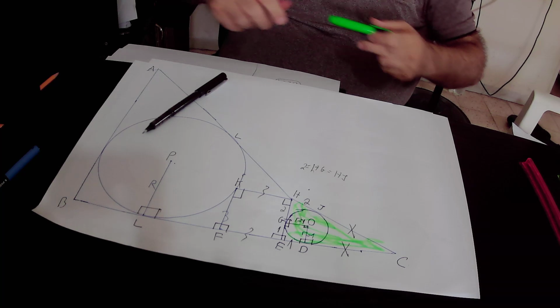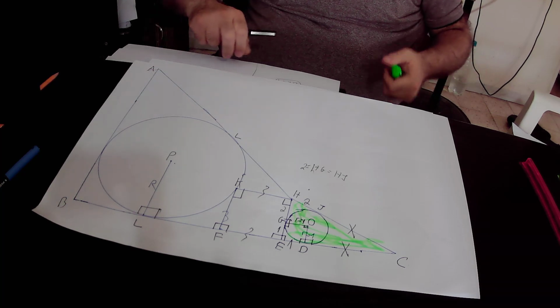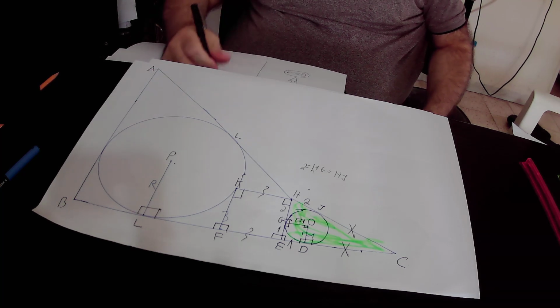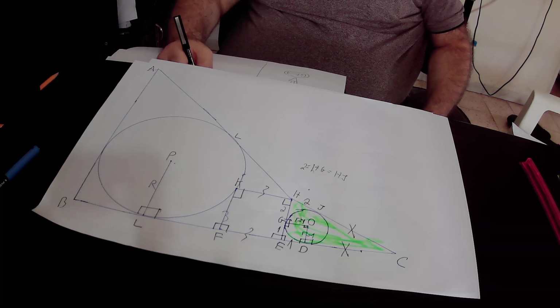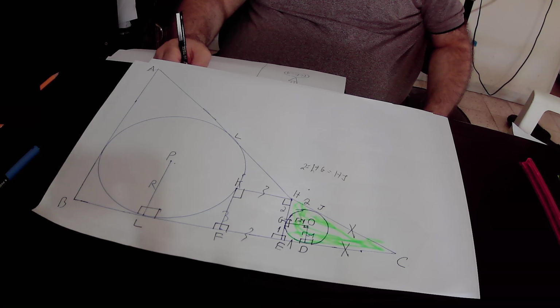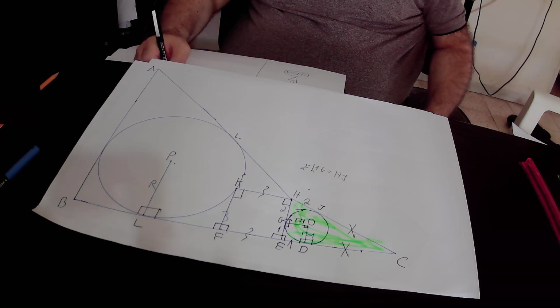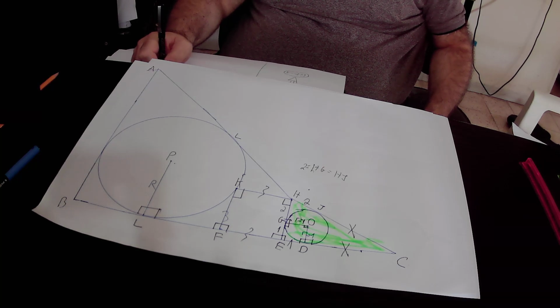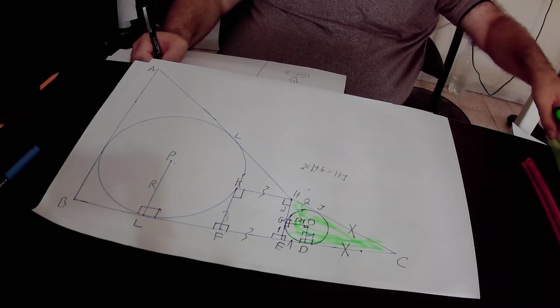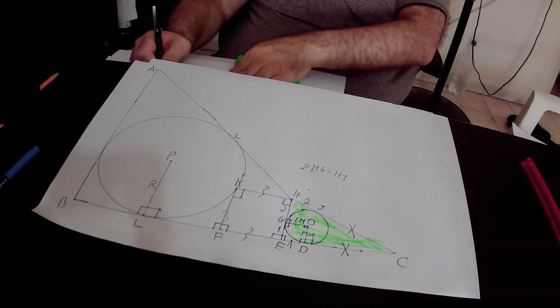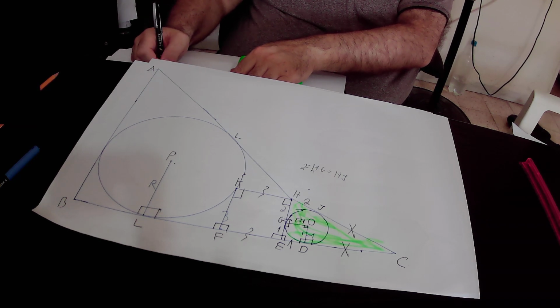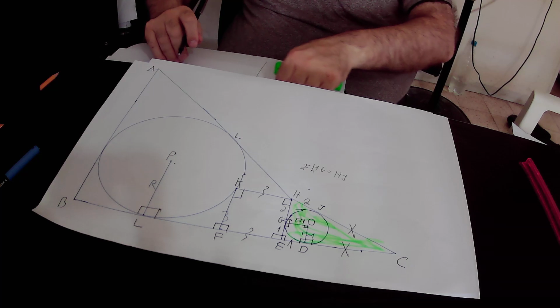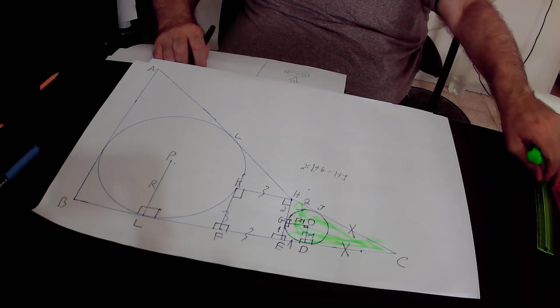Here PT is the abbreviation for Pythagoras theorem. According to the Pythagoras theorem, the square of the hypotenuse equals the sum of the squares of the perpendicular sides.